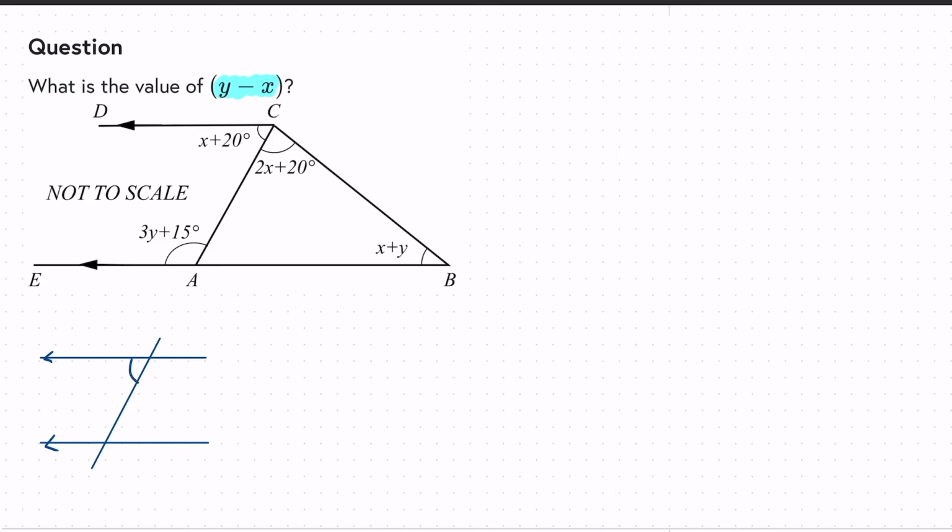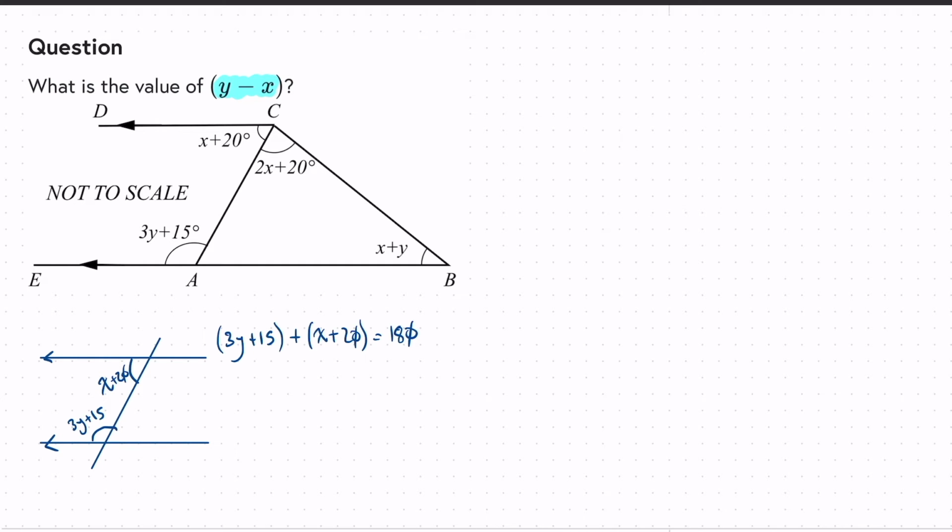I've got x plus 20 here, and I've got 3y plus 15. And I know, because those are co-interior, that they are supplementary, that they add to 180. So 3y plus 15 plus x plus 20, well, that's equal to 180.